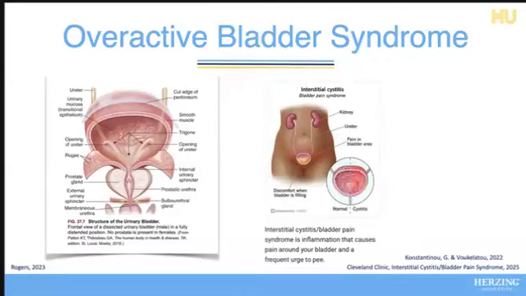Cystitis often results from bacteria entering the urethra and traveling into the bladder. Risk factors include improper wiping after using the toilet, sexual activity, the use of spermicides or diaphragms, structural abnormalities in the urinary tract, and conditions that may impair immune function.